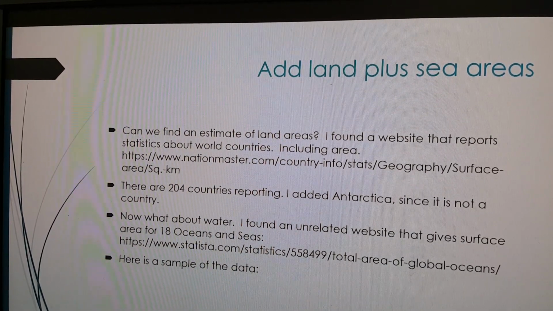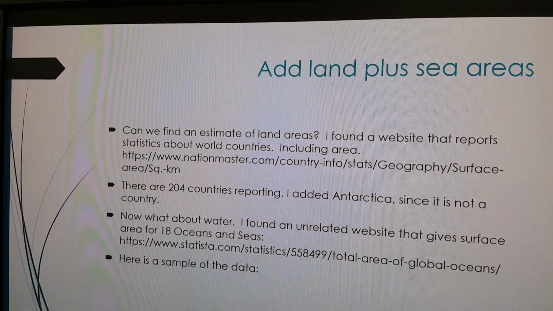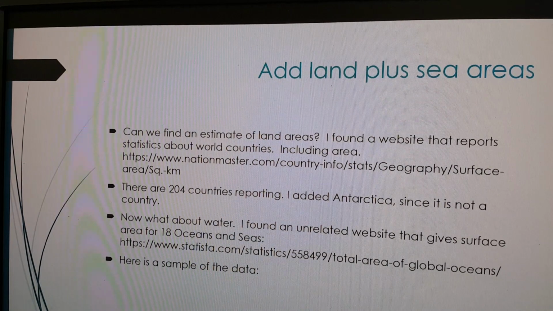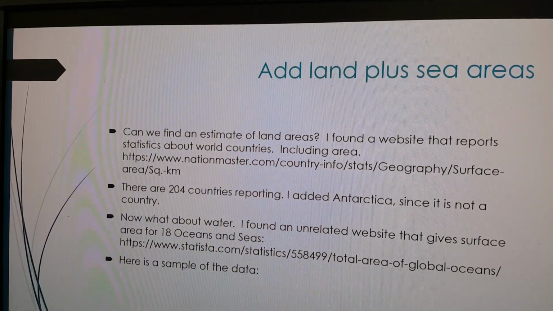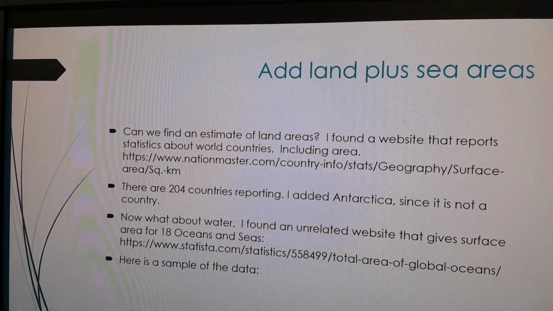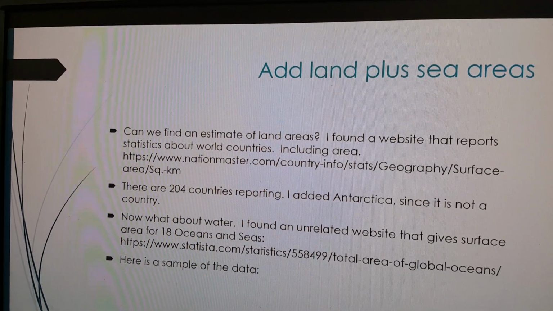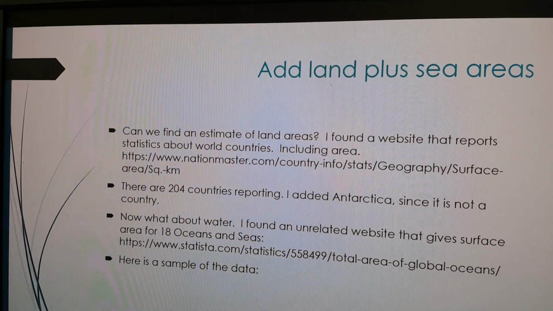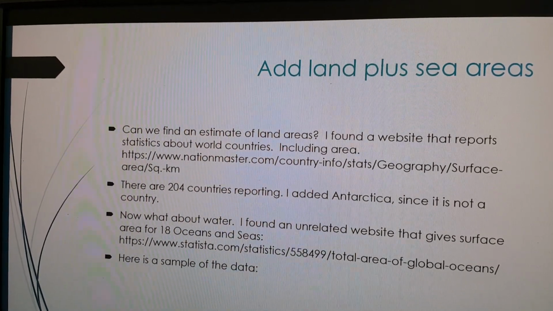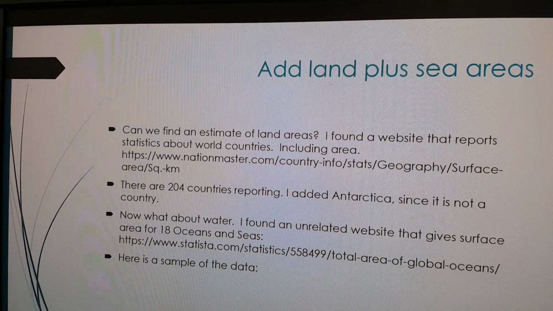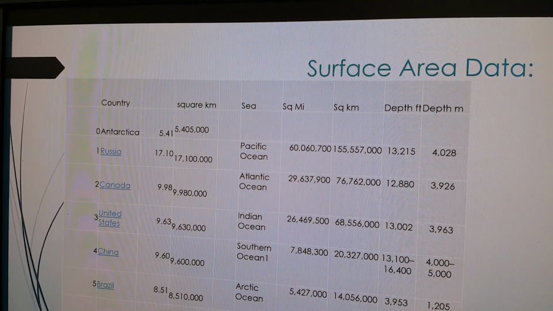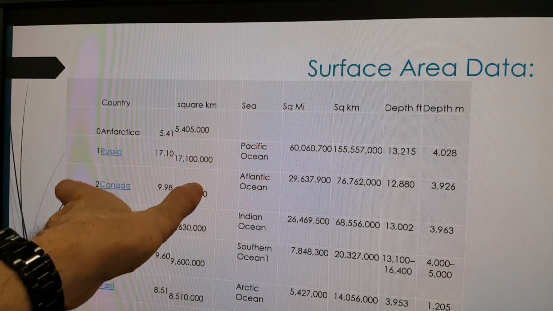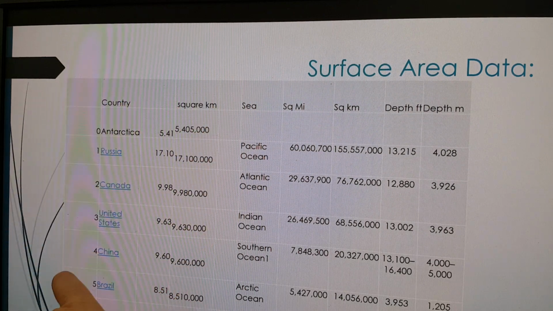What about water? As we know, water is a considerable part of the Earth. So I found a totally unrelated website that gives surface area for 18 oceans and seas. And this is the URL for that. And so here's a sample of the data that I got. Over here is countries and square kilometers, which I had to convert to square miles.